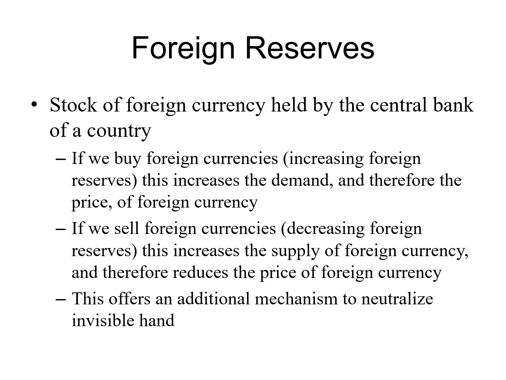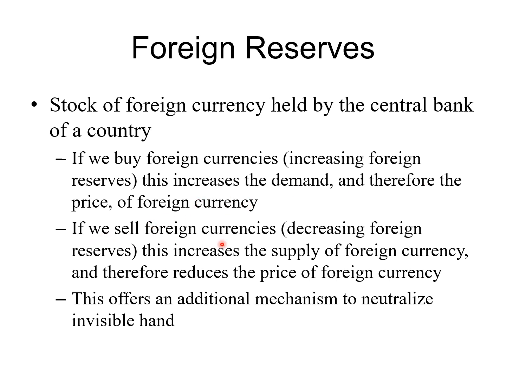Now, if we buy foreign currencies and increase our foreign reserves, this increases the demand for foreign currencies and therefore the price. And if it increases the price of the foreign currency, it decreases the price of the dollar. This has the net effect of depreciating the dollar.